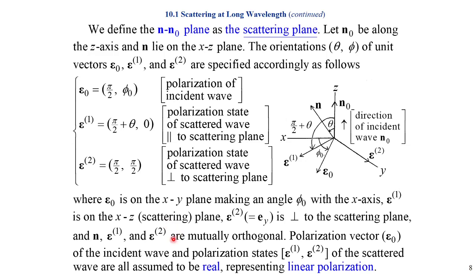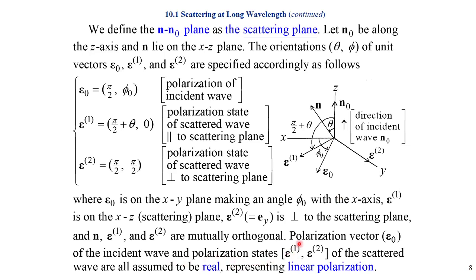That's why we use this notation and not the x direction, y direction, because we want to define another coordinate system, another set of unit vectors. That will be much more convenient. Mutually orthogonal: epsilon 1 is perpendicular to epsilon 2, and epsilon 2 is perpendicular to n. Just imagine it's three-dimensional, so you need some imagination.